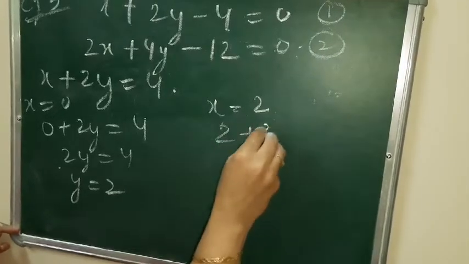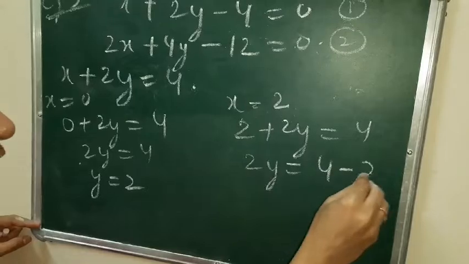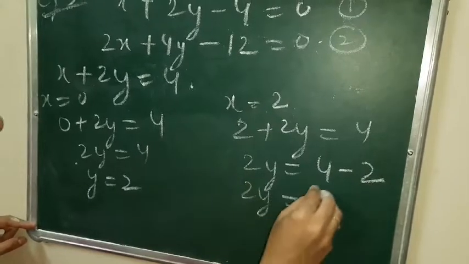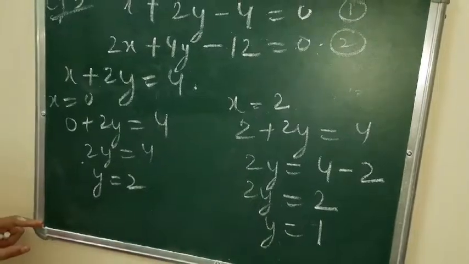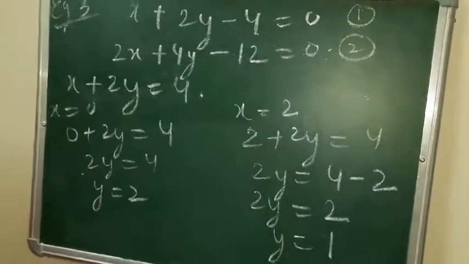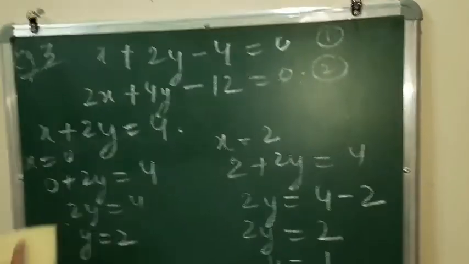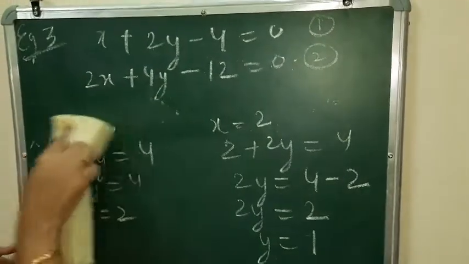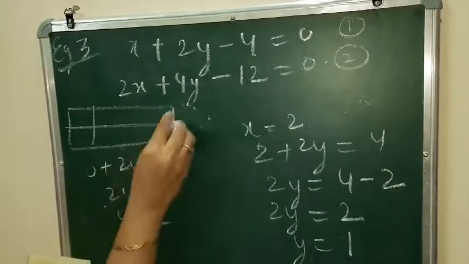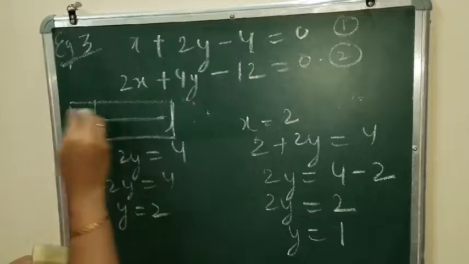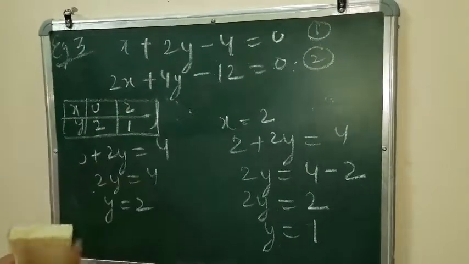So 2 plus 2y equal to 4. 2y equal to 4 minus 2. 2y equal to 2. y is equal to 1. These are my two solutions for equation number 1. Let's make a box for it. When my x is 0, y is 2. When my x is 2, y is 1.